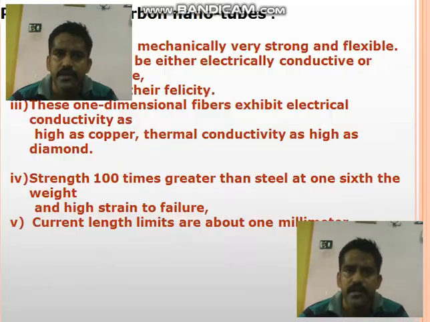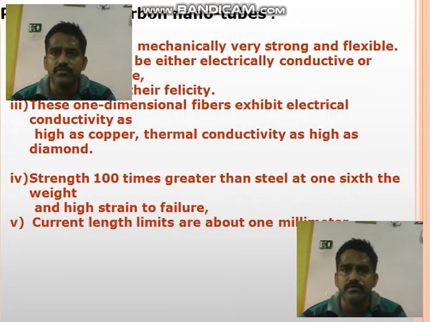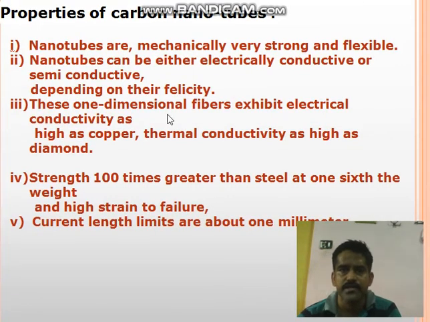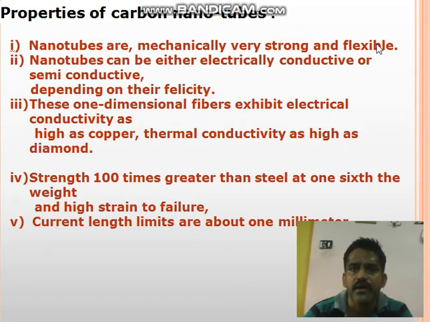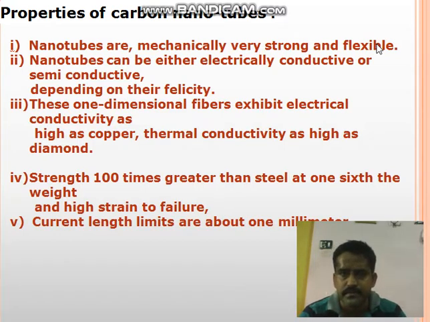Now let us take some properties of nanotubes. Here see the properties of nanotubes. Nanotubes are mechanically very strong and flexible compared to other metals.